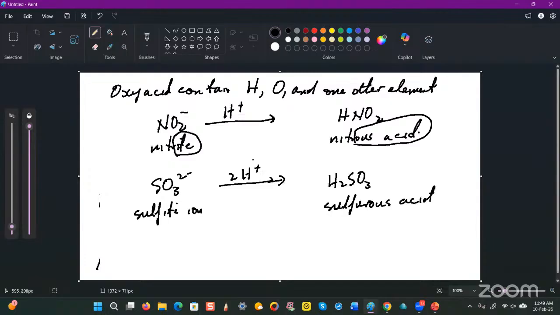Again, we replace the ITE ending with OUS to get the corresponding acid name. So ITE becomes OUS, right? But there's yet another group of ions where the ending of the names is ATE. Let me do a couple of those here.